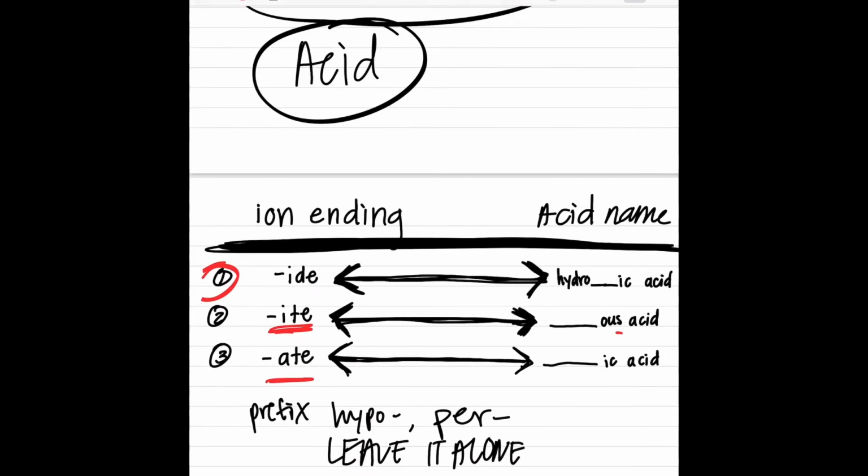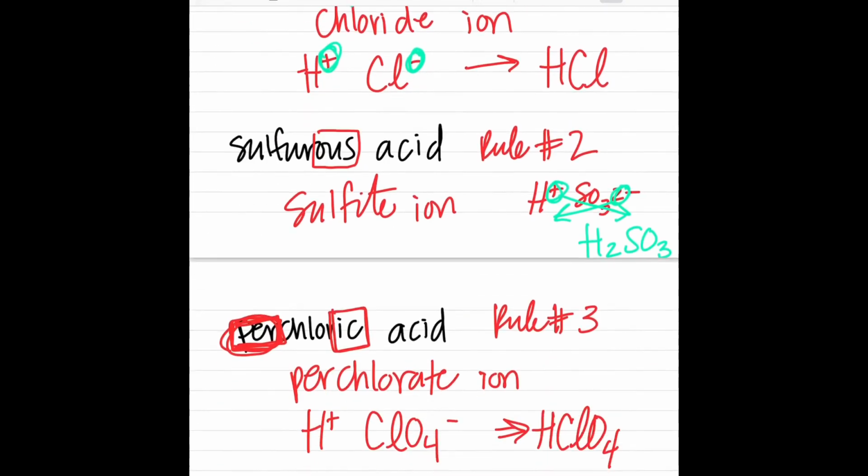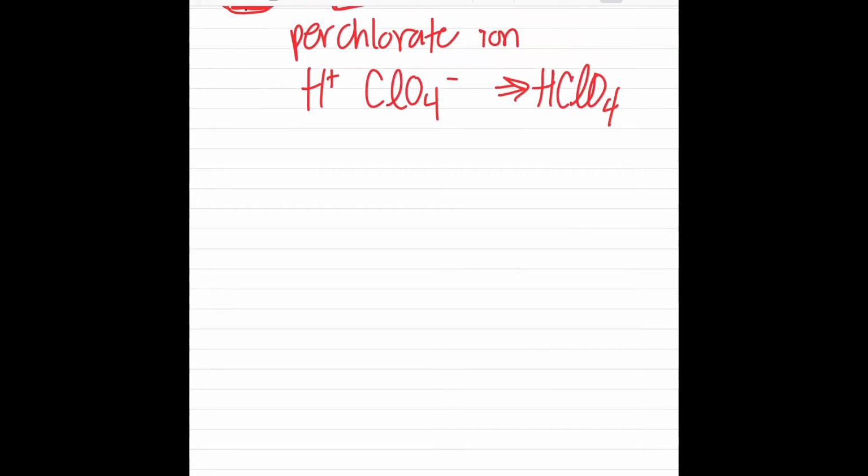Okay, so let's work these backwards. When we did these 3, we did them going this direction. Let's go the other way. Let's give a formula and then find the name. So let's do 3. H2SO4. Let's see, what else do I have?